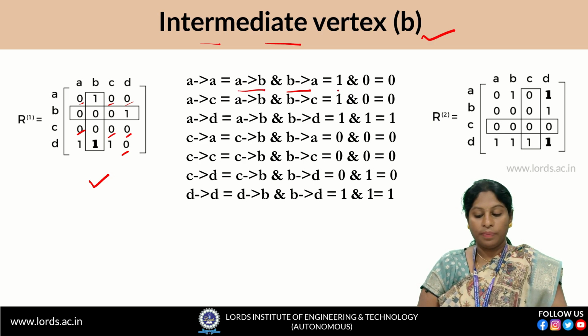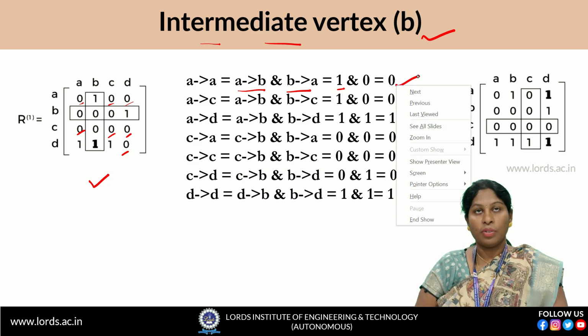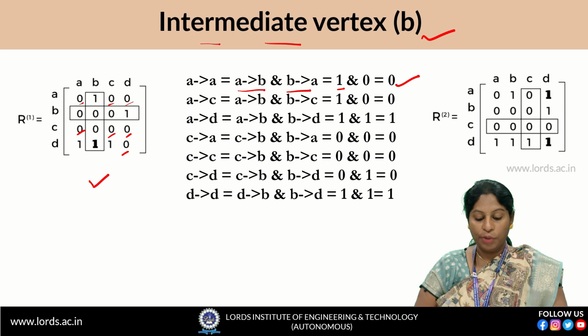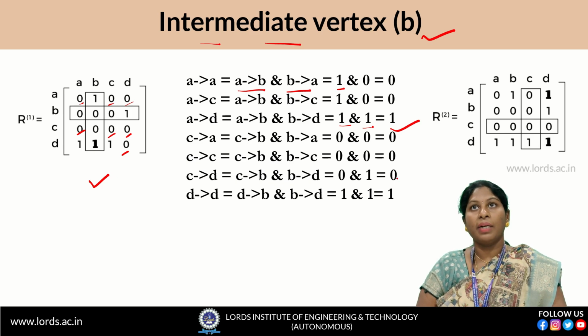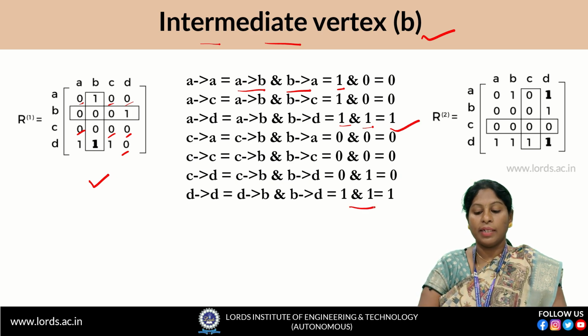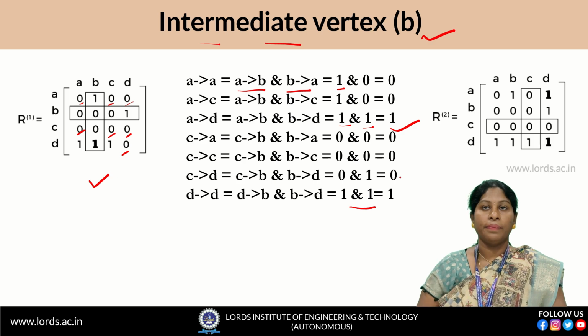If suppose the value is 1 and 1, then we have to represent it as a 1. So here again we have two modifications. Where are those modifications? From A to D and D to D. So this is the next transitive closure, nothing but R2, if you are considering intermediate vertex as B.